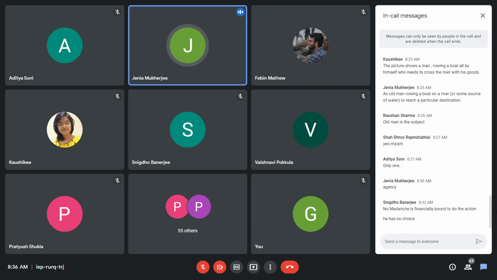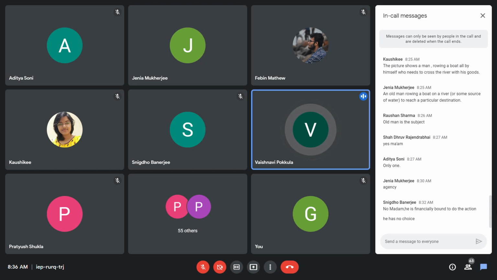Sure. Maybe I would also request a little more elaboration on this. Vaishnavi, why do you think the wind is a subject? If there is very heavy wind, the person might not actually go in the direction he wanted to, or he can directly move sideways or backwards, or just stay in that position. Right.